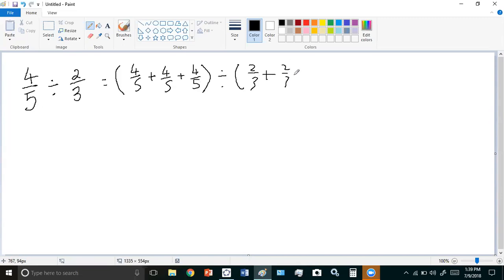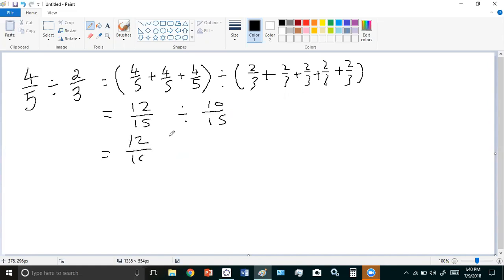Plus 2/3 plus 2/3 plus 2/3. Yeah, so we'll have on this side here 12/15 divided by 10/15. And since these consequents are the same, we're really looking at the ratio 12/10, and we're done, right?